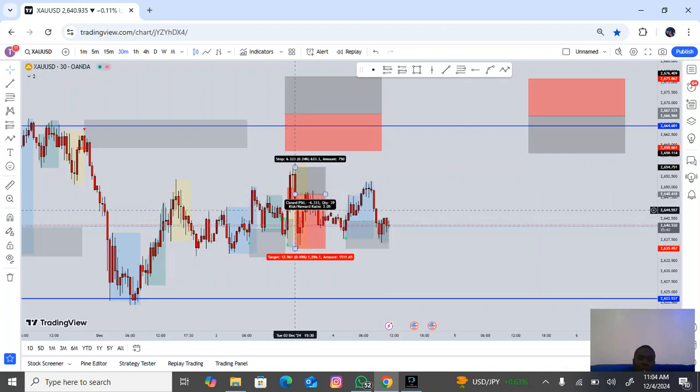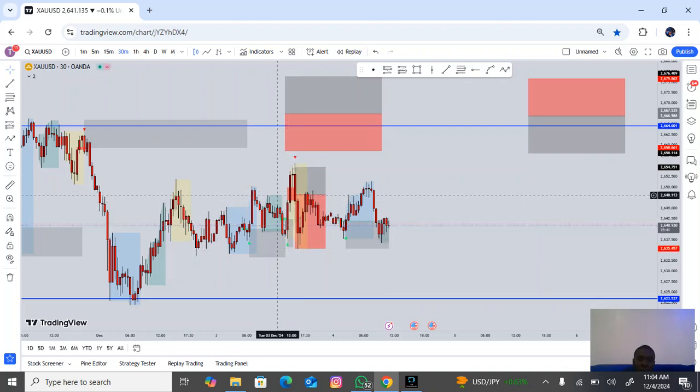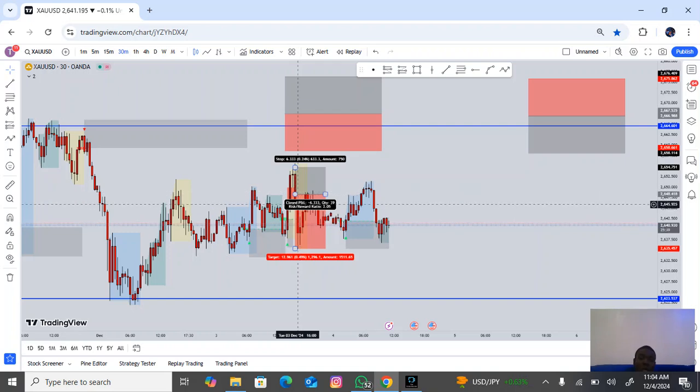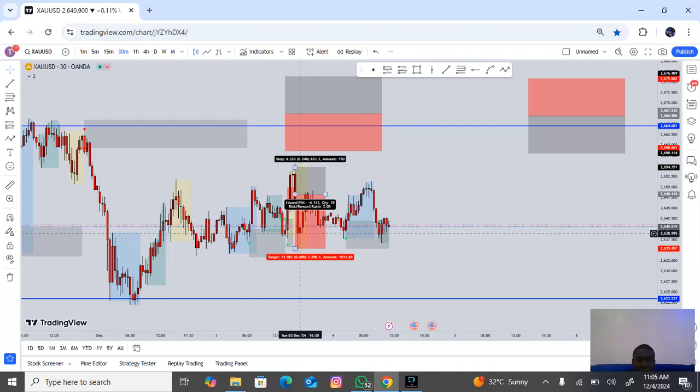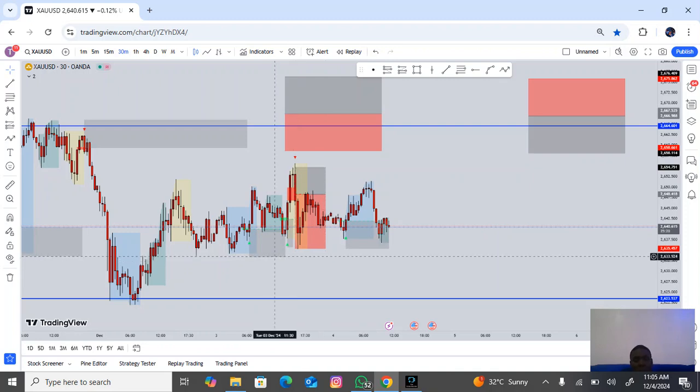So I was shorting this pair yesterday, which is XAUSD, which is gold. As you can see, the red right here is two times more than my risk. I was risking 63 pips to make 126 pips, right?